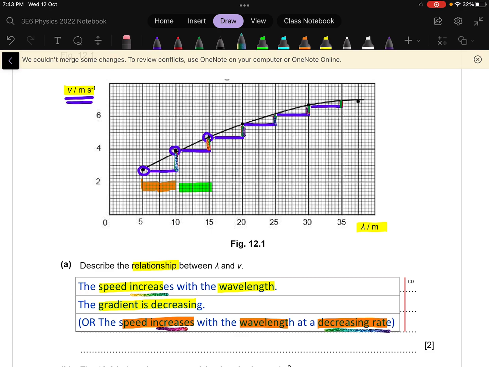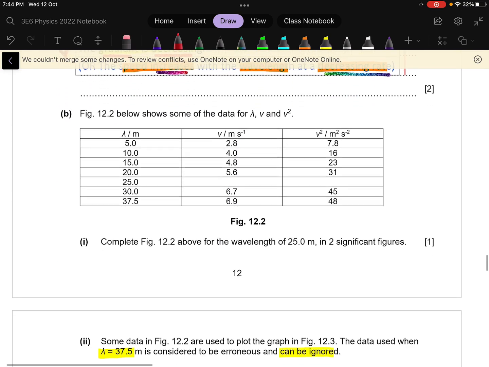If you are not so comfortable with this concept, just break the whole concept into two parts: the general trend is that the speed increases with wavelength, and this trend has a gradient that is decreasing, full stop. Then you won't have so many adjectives to play with. Just keep it simple. One noun, one adjective, done.